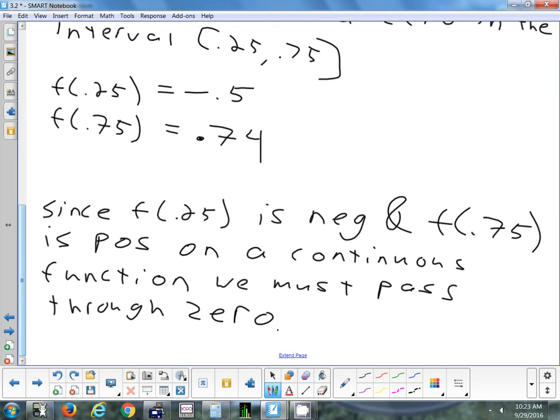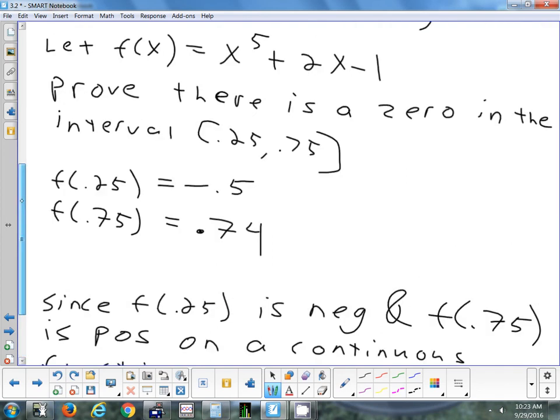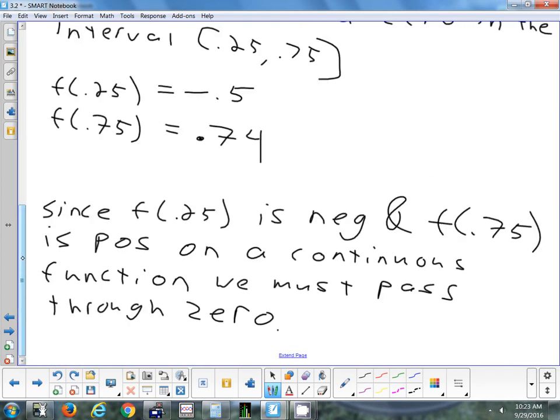I'm not saying this is the only place. Maybe you cross the x-axis 6 times in those 2 points. I don't know. But I know you're going to cross it at least once. You have to. We're not going to find where it crosses. That's all we're doing. Questions on that?